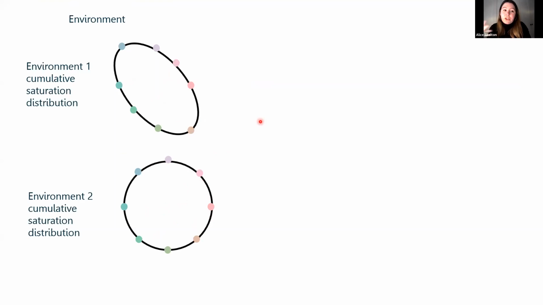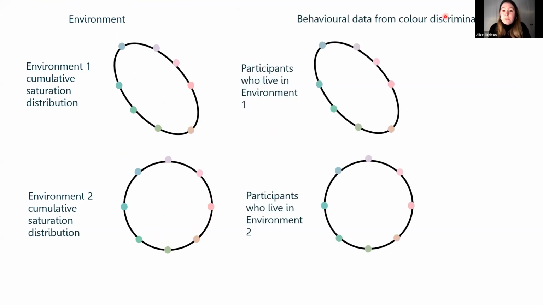And if we're using efficient coding to encode our environment, then we would expect that when we look at the behavioral data from the color discrimination task, participants who are living in this environment show discrimination thresholds which line up pattern-wise with the variability that we find in their home environment. Whereas participants who live in environment 2, where they have this different pattern, their discrimination thresholds would line up with the shape of variability found in their environment.